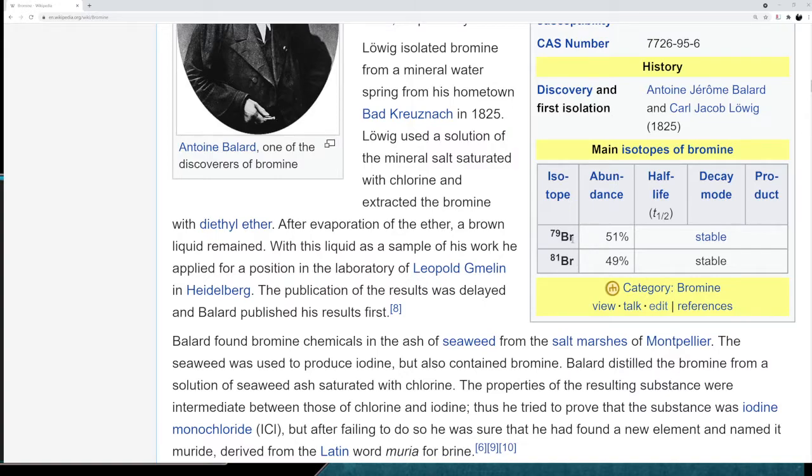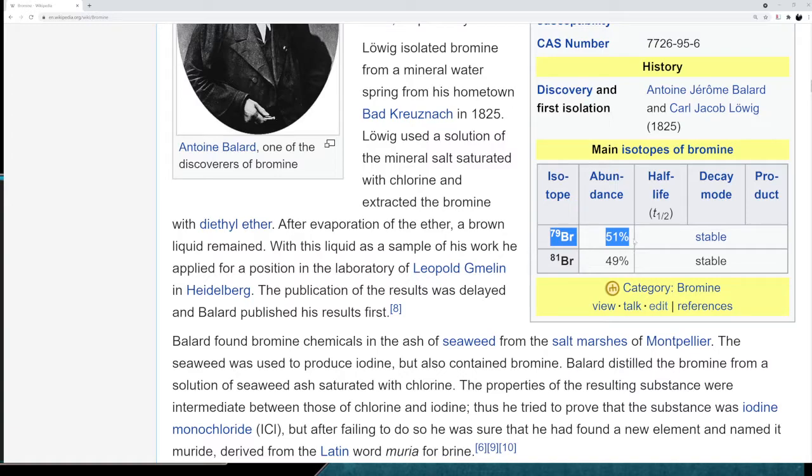This bromine 79, if that's 51% of bromine, and the other 49% of bromine atoms are bromine 81, just the naturally occurring rate of bromine isotopes. Well, if we take a look at the average, that's going to be around 80, but maybe a little bit closer to 79, because 79 is a little bit more, right?